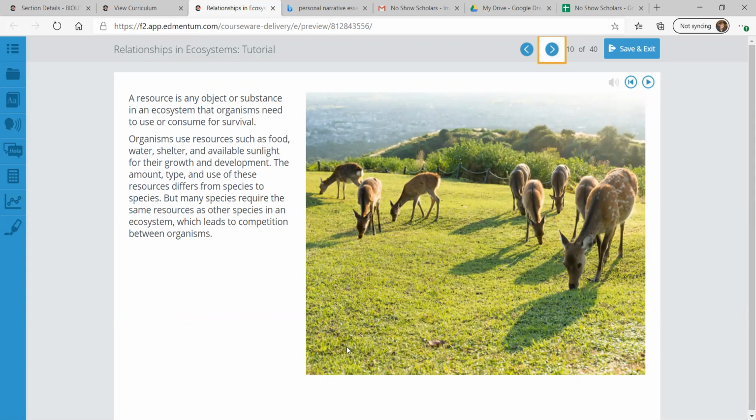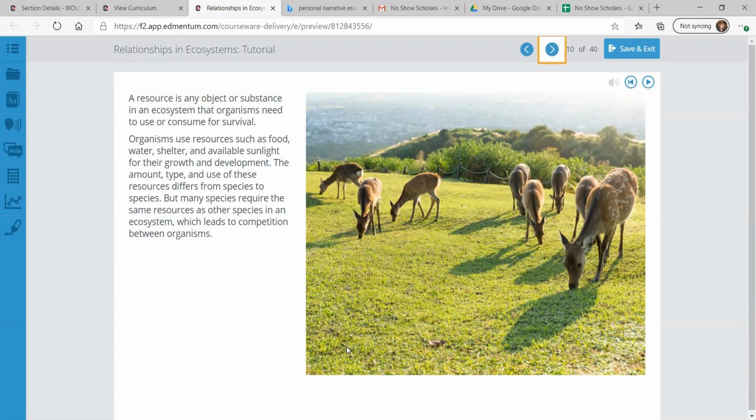Like we said, a resource is any object or substance that an organism needs to use or consume. They use resources such as food, water, shelter, and sunlight for growth and development. The amount, type, and use of these resources differs from species to species.